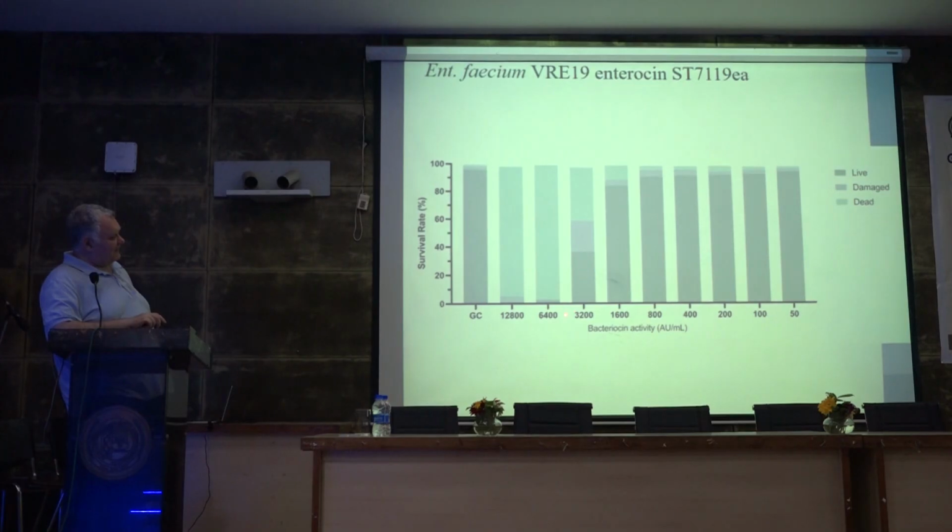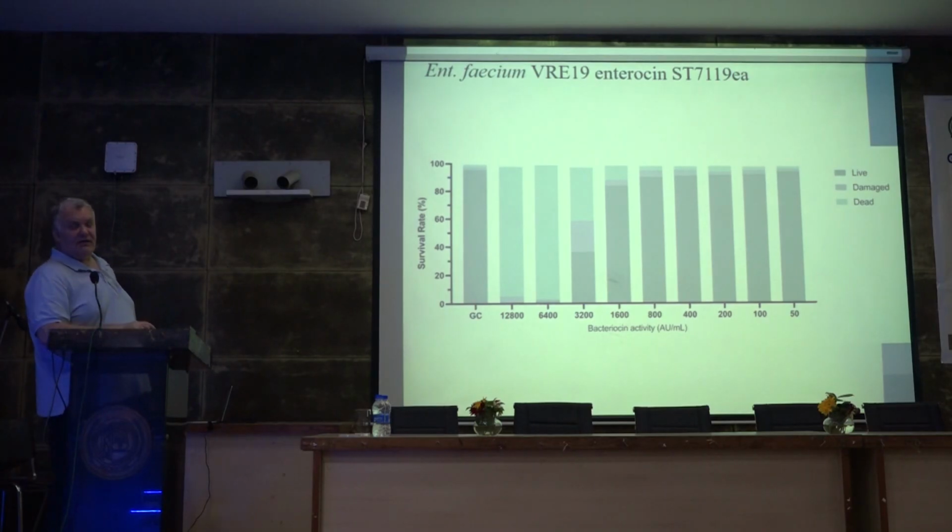So obviously to be effective this treatment, you need to have something a little bit more than 3,200 units. Because if you apply less, most probably you will actually not kill. You can have several damaged cells, and these damaged cells could later maybe recover and make you problems. If you use much less bacteriocin, you have several live cells and a little bit of dead cells.